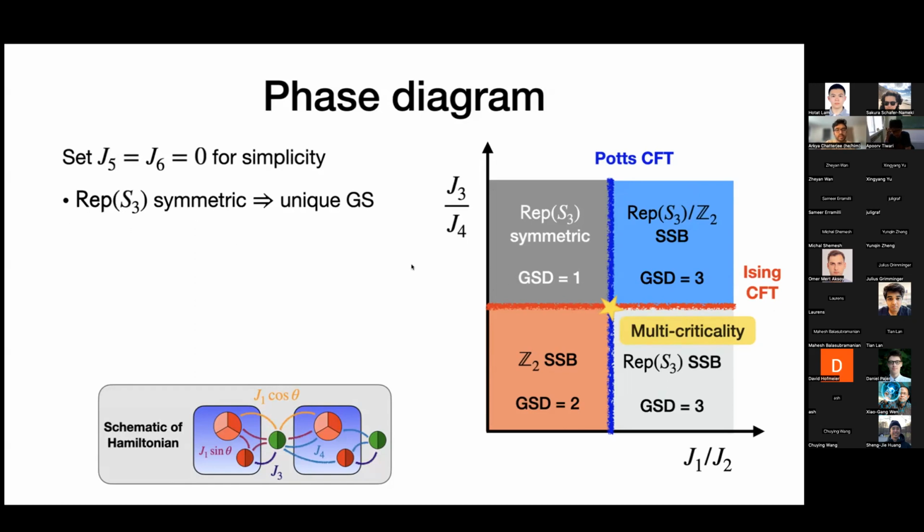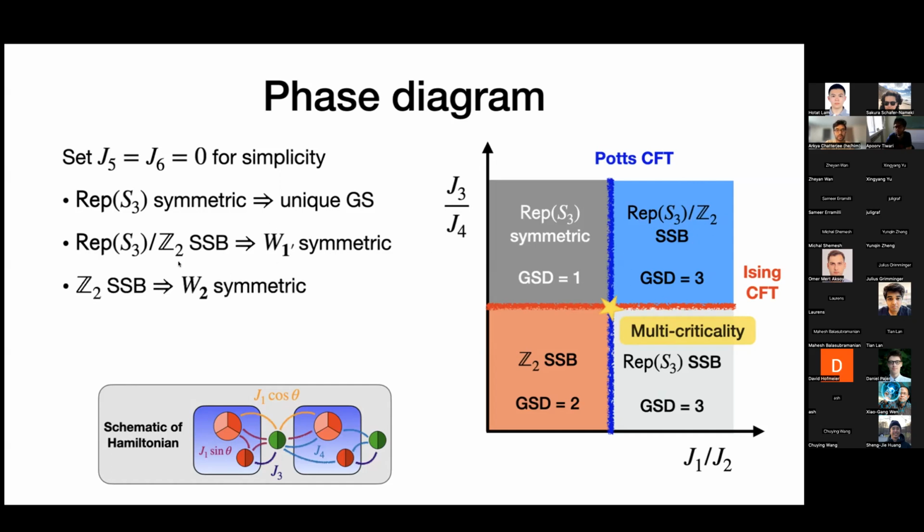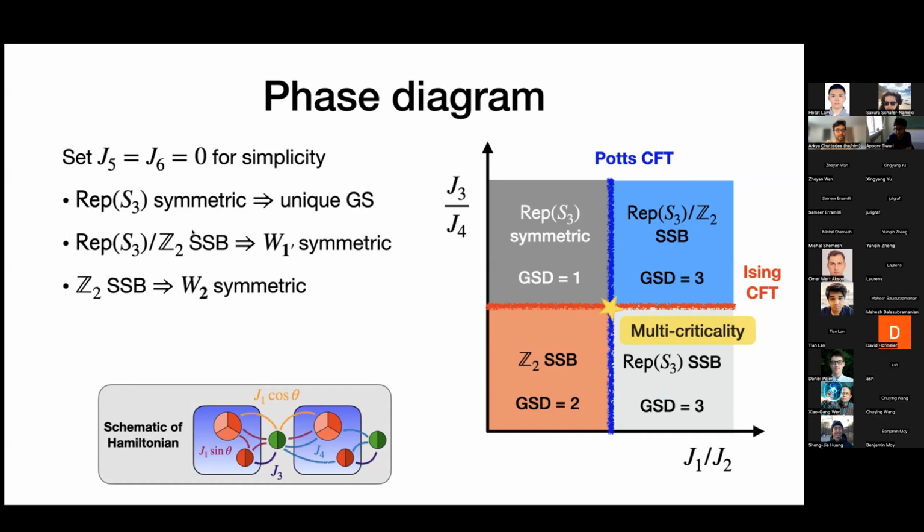Maybe then one interesting thing to look into is what are the different symmetry breaking patterns. So for instance, you have this unique ground state in the rep S3 symmetric phase, but you have these other phases. For instance, you could have a phase that breaks just the W2 transformation, and that is this one. So it is symmetric under this invertible Z2 guy. That's why we label this as rep S3 mod Z2.